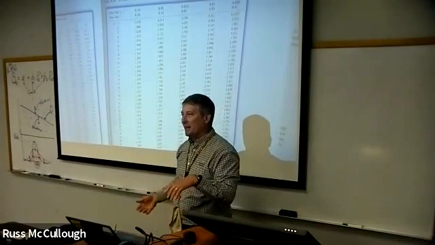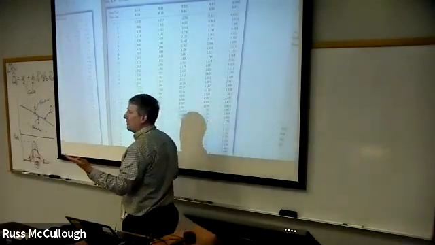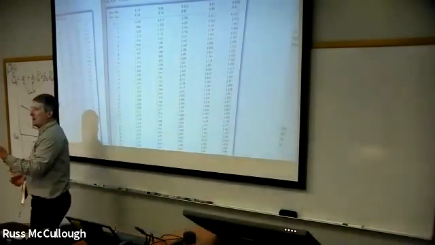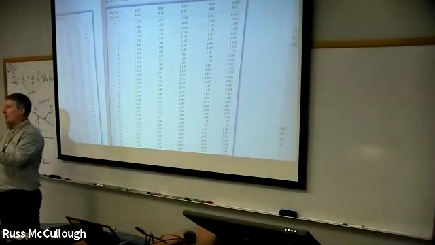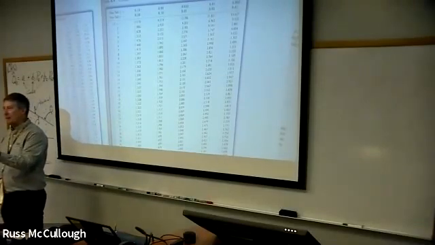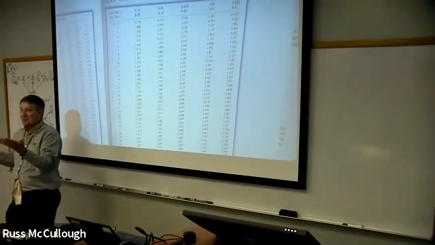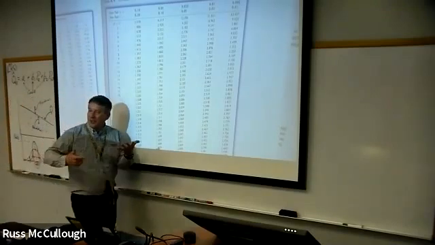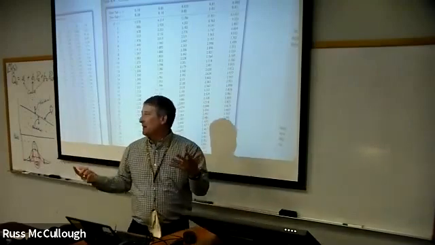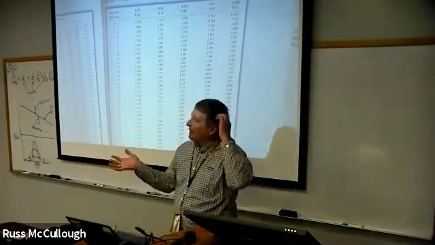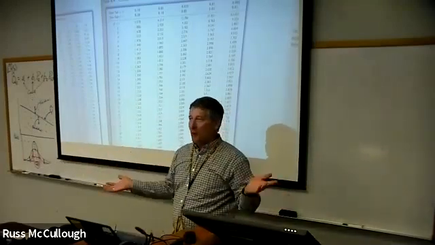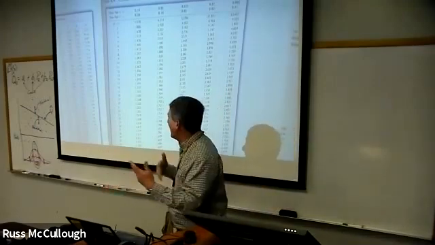Coach K will let me in there, and I'll get all my sample from the football team. Well, what would be some problems with that if we got all 30 from the football team? Variation. No variation. What kind of variation? All dudes. It's all dudes for starters, right? So we got all football dudes, and so it's not representative of the whole population, right? So we'd have to have random samples.